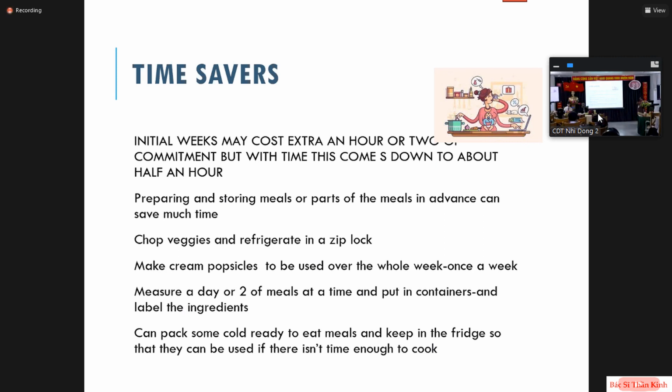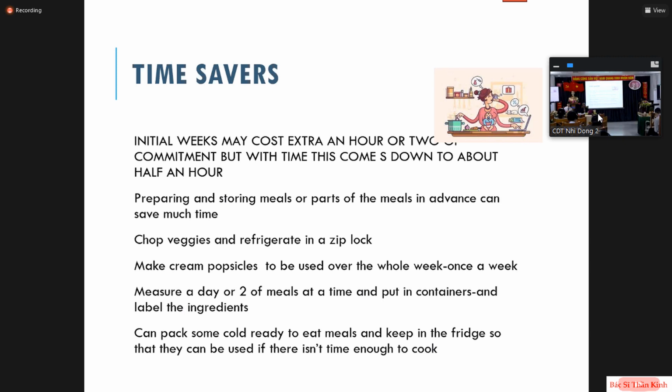In many cultures or many families, mothers would be up maybe an hour before the other family members are up. So she could utilize that time, and she could weigh the ingredients, label them, put them in airtight containers or Ziplocs, and just put them in the refrigerator so that they can just be taken out and cooked and served. That would save a lot of time.